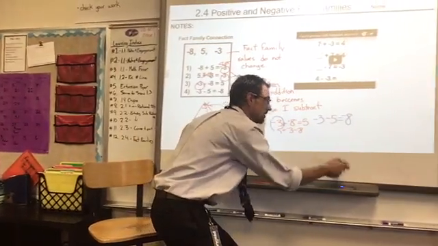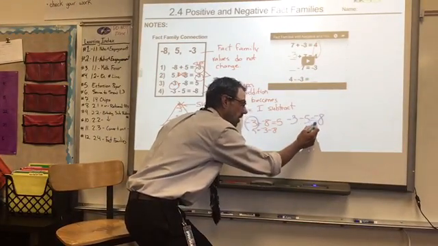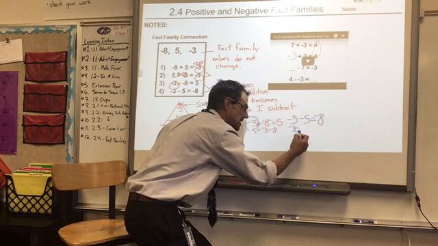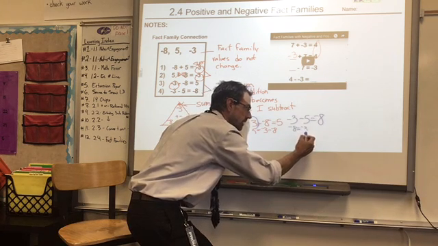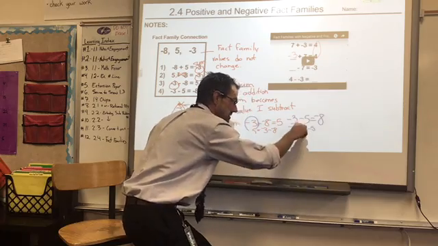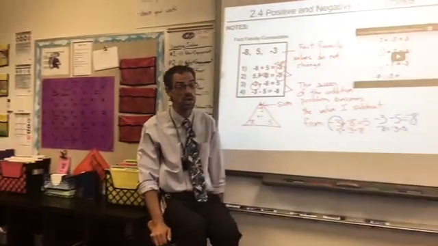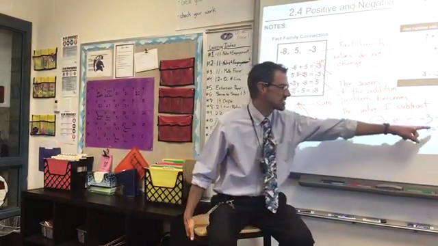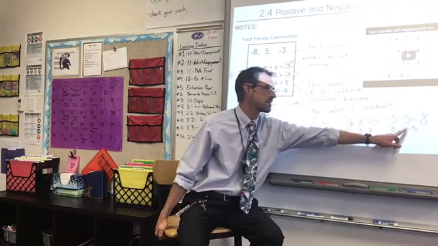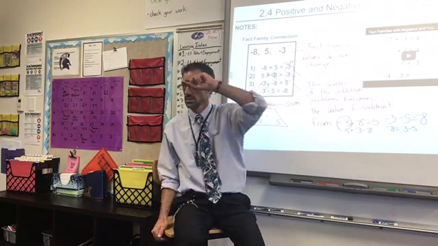And then over here, I could go -8 equals -3 minus 5. Those are the same. They're still subtraction number sentences. It's just that the sum is here, but I'm still subtracting from it.